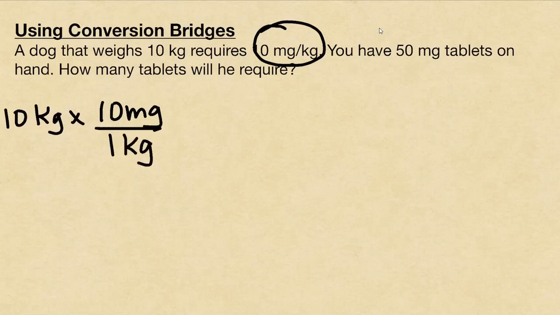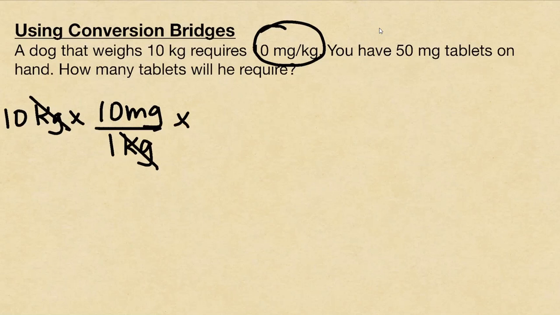The way to set these up is you want to be able to get rid of these units. By placing them opposite each other on the bottom, you're able to get rid of that right away. So I can get rid of the unit of kilograms right now. That's gone. I don't have to worry about that.